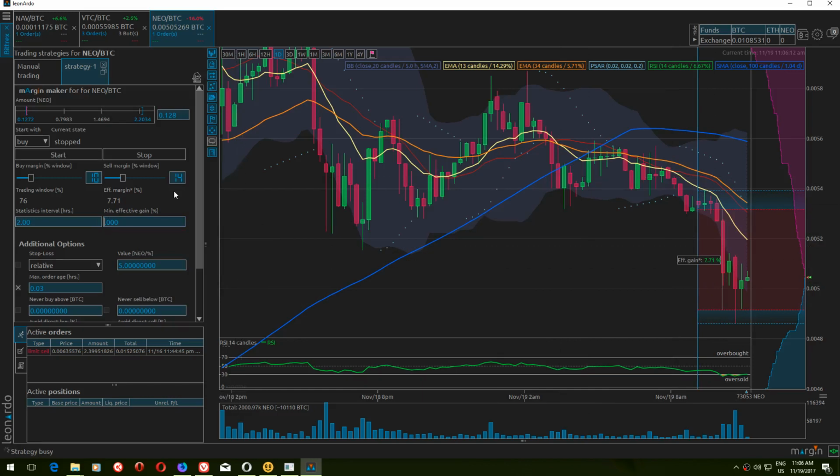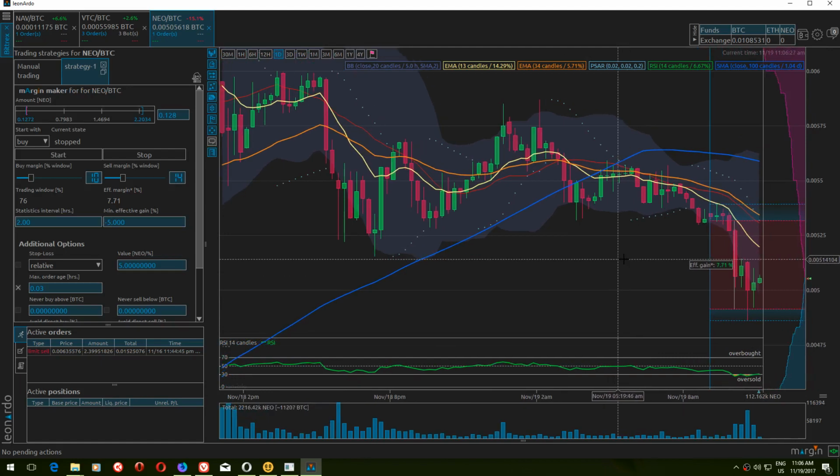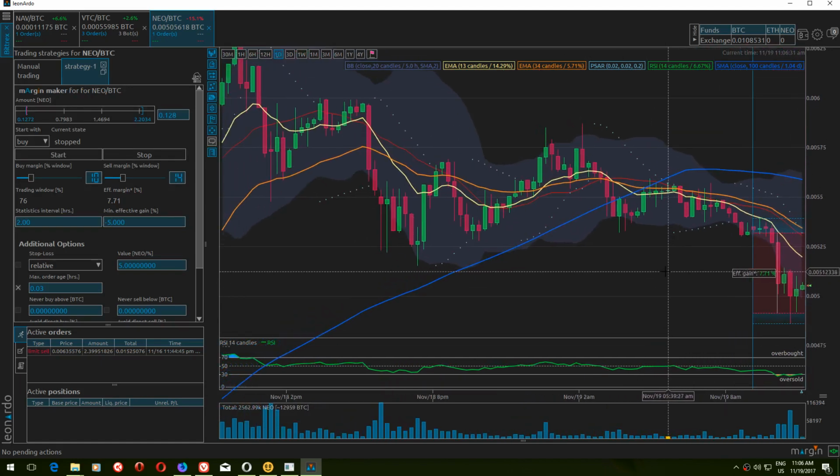Now on the other hand, if you put a negative value, so -5, then the bot can create a sell order below your buy, so you would be in loss. But it's like a stop loss, and that automatically restarts. But it works differently.